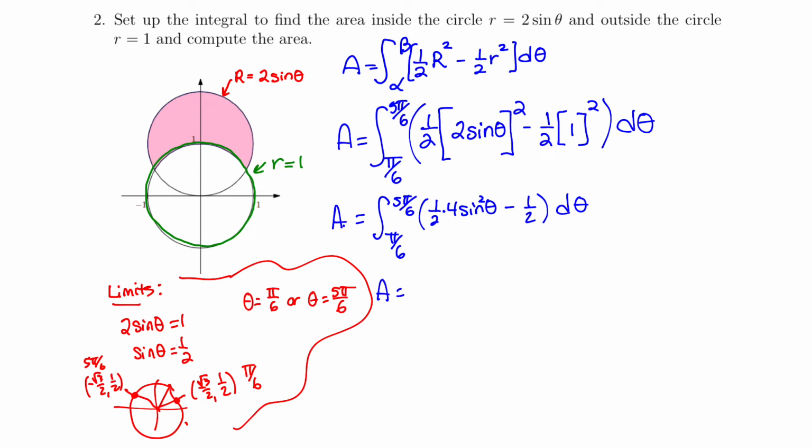Is it because we have the 2? We're taking 5 pi over 3. 5 pi over 4. I think it does. Wait, no. I think it definitely does.